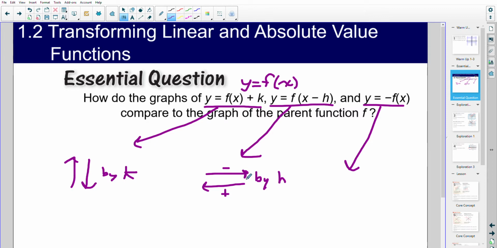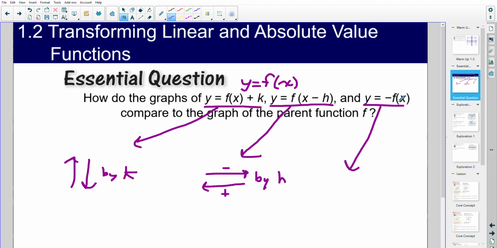So notice that if h is a negative number, that's going to be x minus a negative number, which is x plus a number. And these actually have an opposite effect on the direction depending upon what the sign is. So it's a little bit counterintuitive in terms of which way it's shifting.